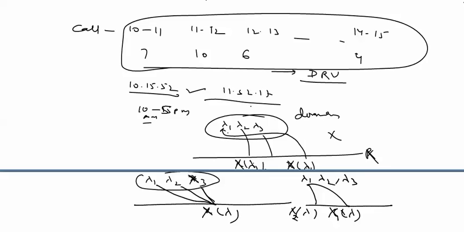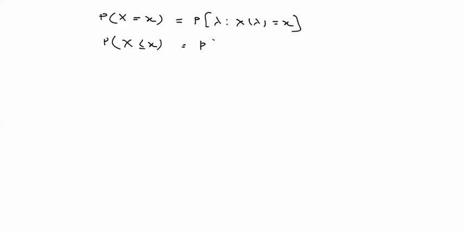Then move ahead with some formulas. Probability of X equals small x, lambda such that x lambda is less than or equal to x, and for a range x1 to x2.